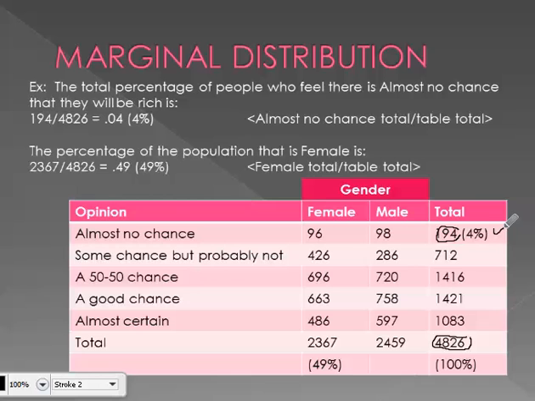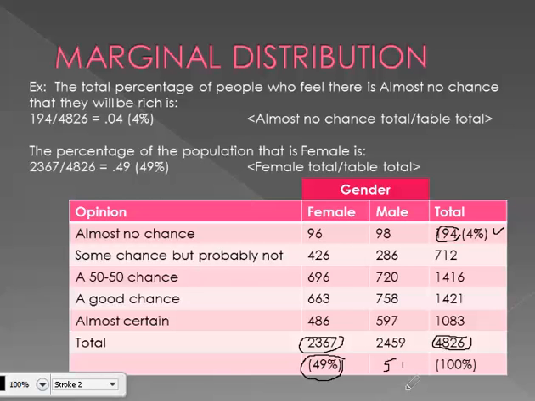What about how many people who responded were female? I would take this total right here, 2367, and divide it by the 4,826, and I would get 49%. 49% of the people that responded were female. Now, I can almost predict that the other is going to be 51%.